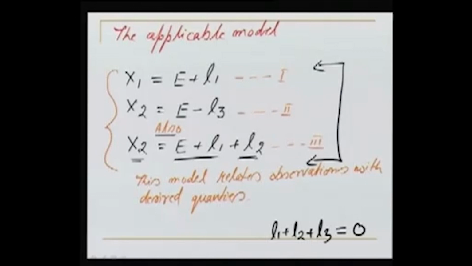Because why will L1 plus L2 plus L3 be 0? We started from this point. The difference of L1 is the difference between these two points, A and B. Okay, then L2, then L3. So what we are doing, we are starting from a point, again coming back to the same point. So if we sum up all these, wherever we go, we have seen this in our loop concept also when we are talking about leveling. L1 plus L2 plus L3 should be equal to 0.